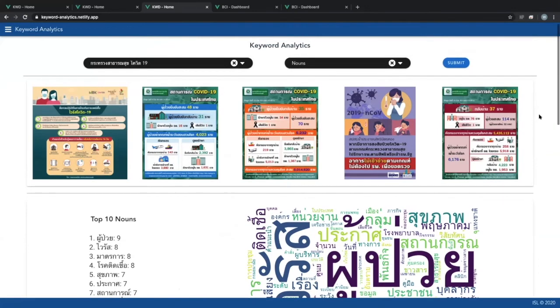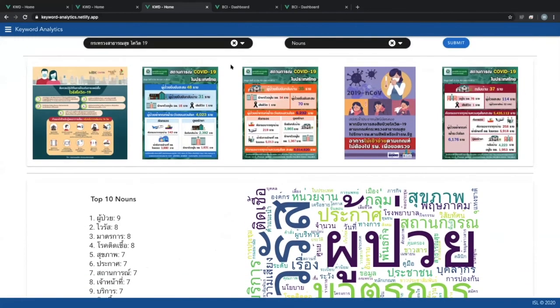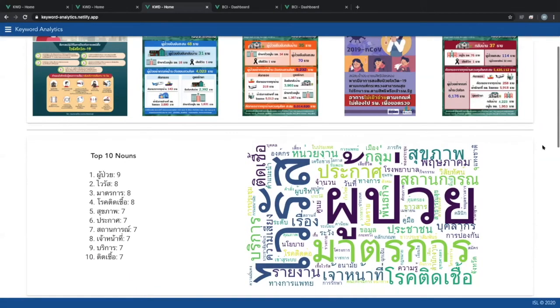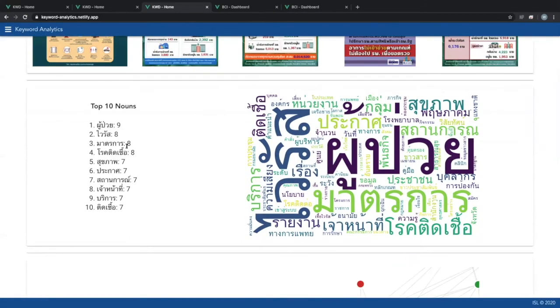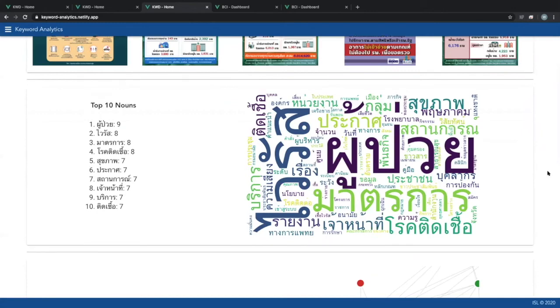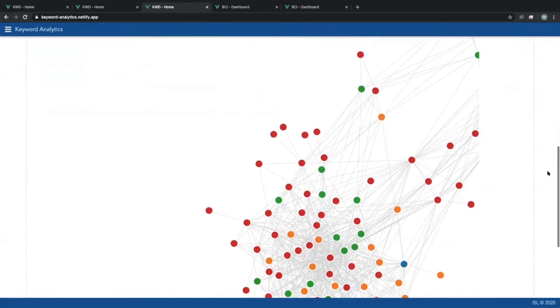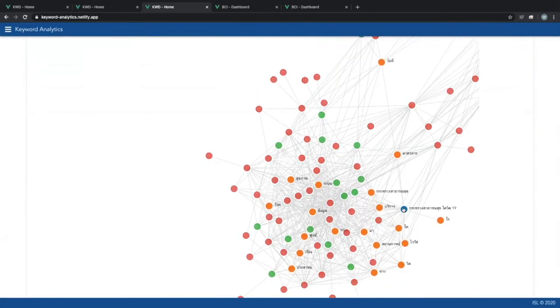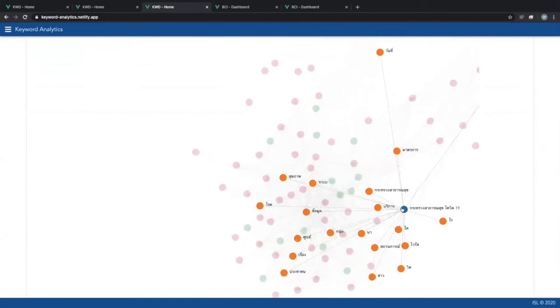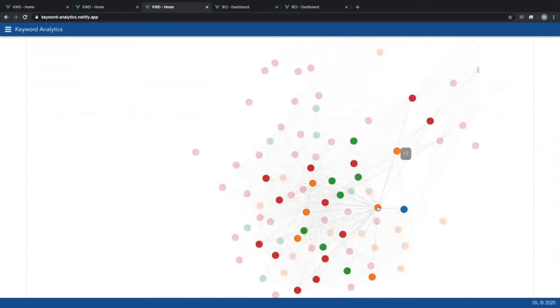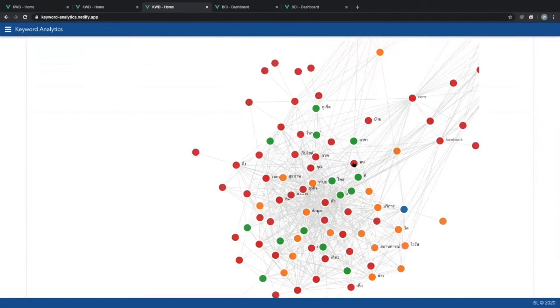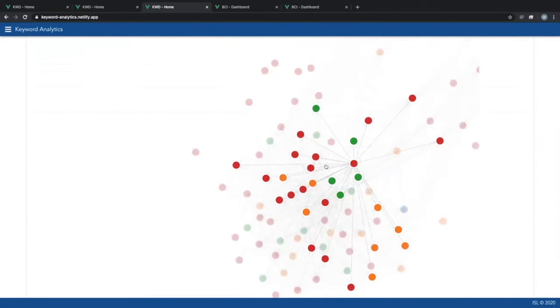The association image here shows the situation of COVID in Thailand, along with association terms. And in the network graph, from here, Ministry of Public Health and Services and people, they show the connected words.